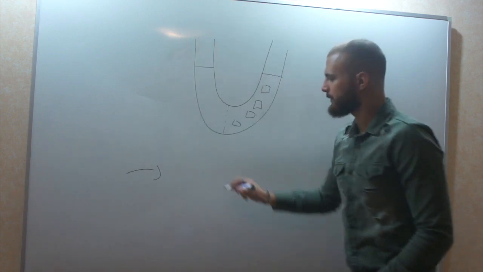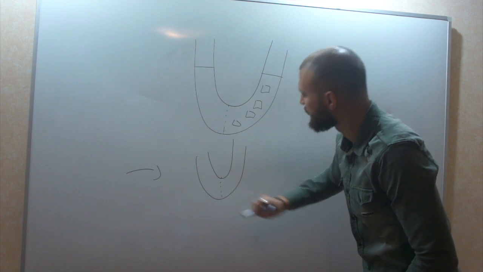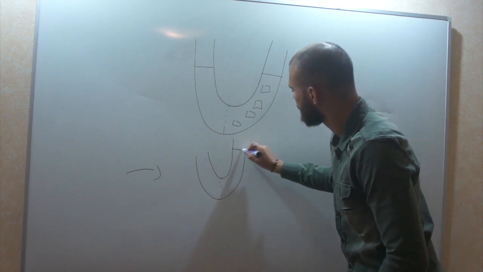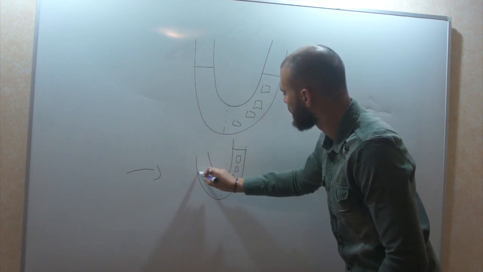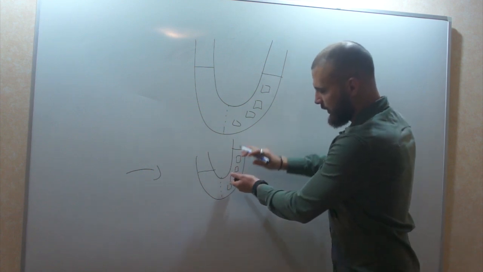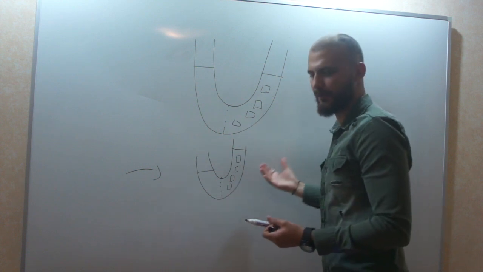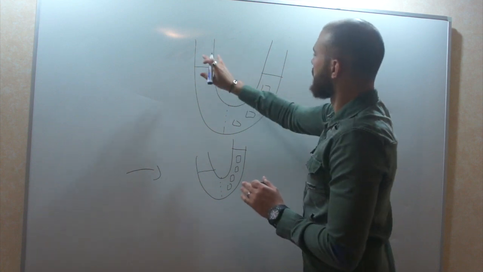In this U-tube, water will be dragged from here to here. So you will lose this. And because the water is going up, the gravitational force will stop the osmosis from occurring. That's what happens.